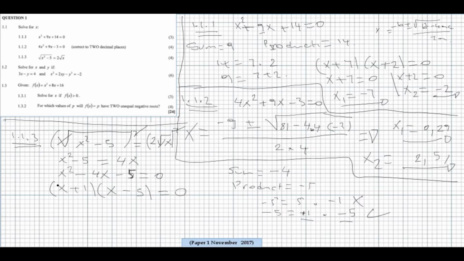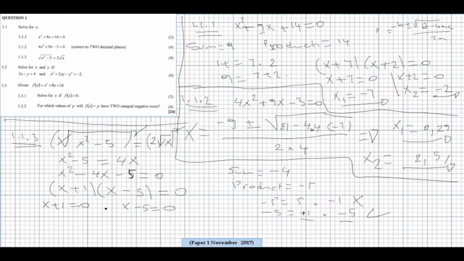If you expand and then you don't get this expression, then you made a mistake somewhere there. So now I'm gonna say x plus 1 is equal to 0. I use this factor to get the first equation, and then I also have the second equation. So we have x minus 5 is equal to 0.